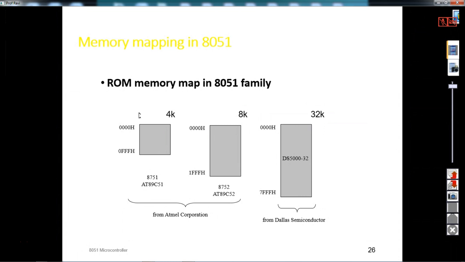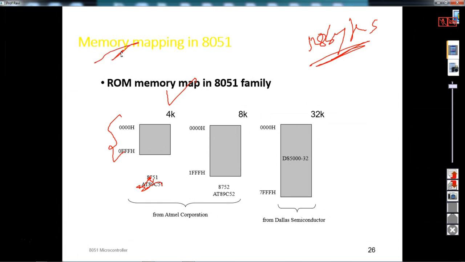Now you can say very clearly you have 4K ROM, whether it is Atmel or whatever, don't bother about it. You have 4K ROM, and you have 128 bytes RAM. What do you mean by memory mapping?